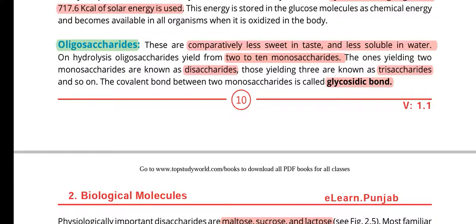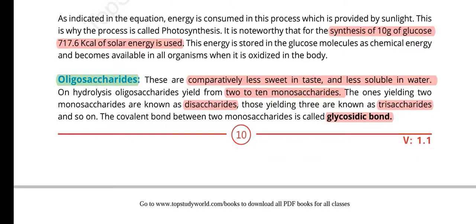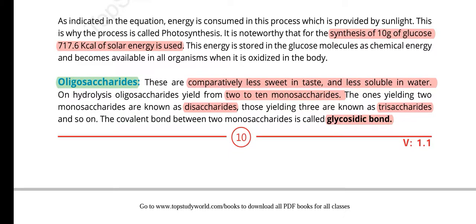Then we move to the oligosaccharides. These are comparatively less sweet in taste and less soluble in water and can be hydrolyzed, in contrast to the monosaccharides which cannot be hydrolyzed. On hydrolysis, they form 2 to 10 monosaccharide subunits. Some books say oligosaccharides start from 3 monosaccharide subunits, 3 to 10, and some books say 2 to 10, so you can remember it.